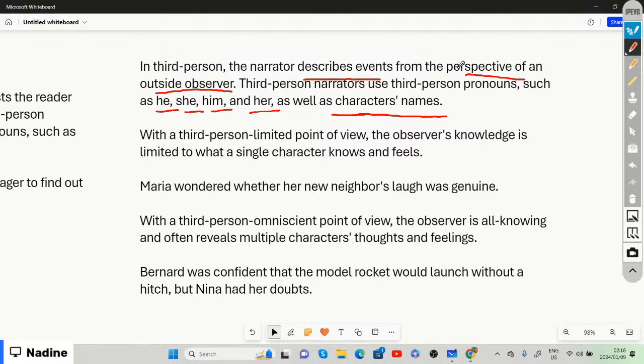Or when he or she is with whoever, do they even laugh the same way, for example? So which means that you do not know the person that well in this case. Because Maria wondered whether her new neighbor's laugh was genuine, which means that she doesn't know her neighbor. Her knowledge is limited, or her point of view is limited of her neighbor.